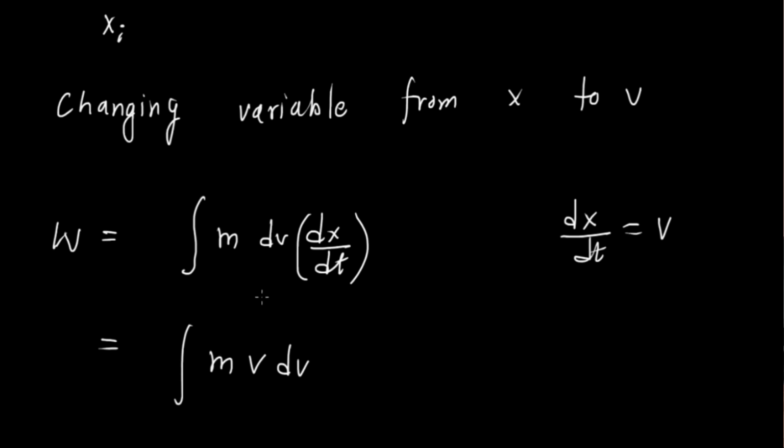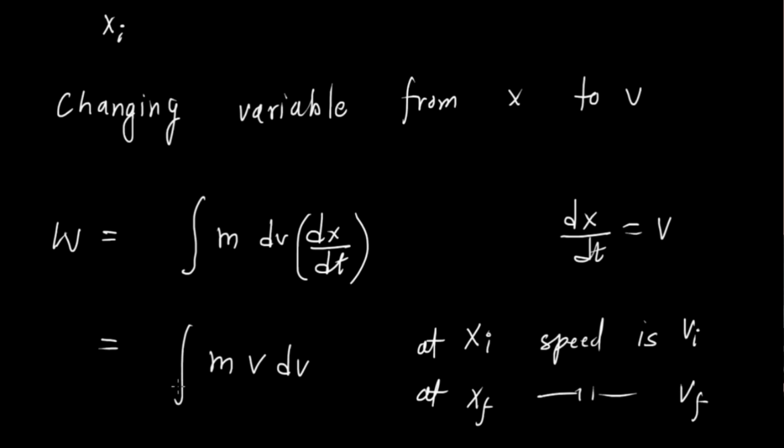So the limits of integration will also change. So what was the velocity at xi? So at xi, the velocity or speed for 1D case is vi, and at xf the speed is v suffix f. So let's substitute that too. So I get integration, lower limit now will be v suffix i and the upper limit will be v suffix f.